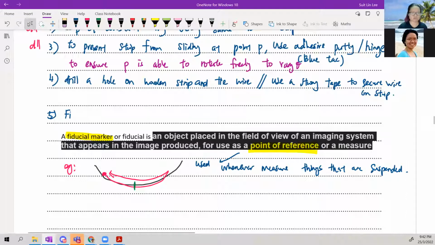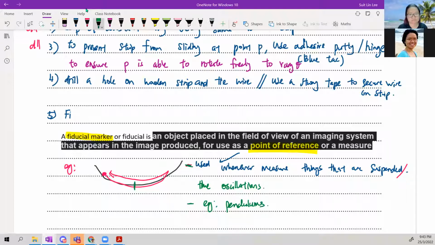So examples of fiducial markers. This one is also somewhat suspended now. Or to time oscillation. Examples of this are pendulums.